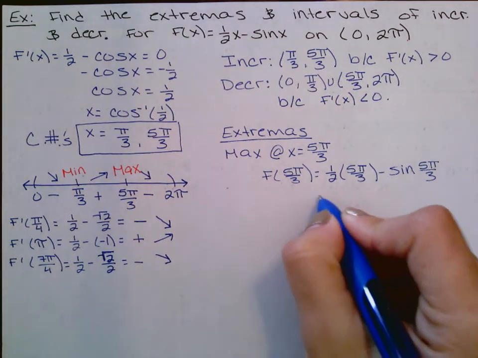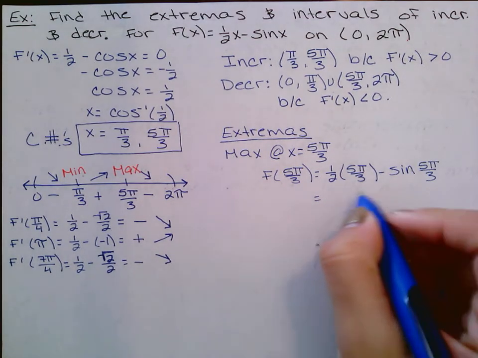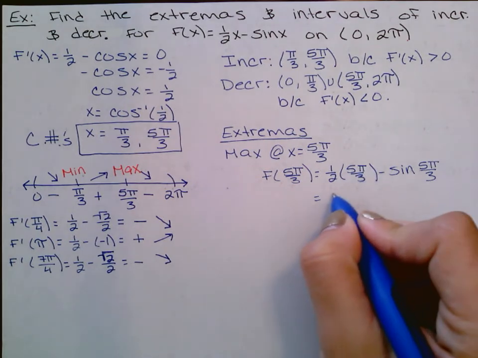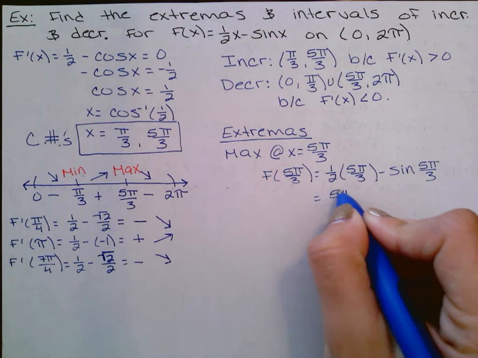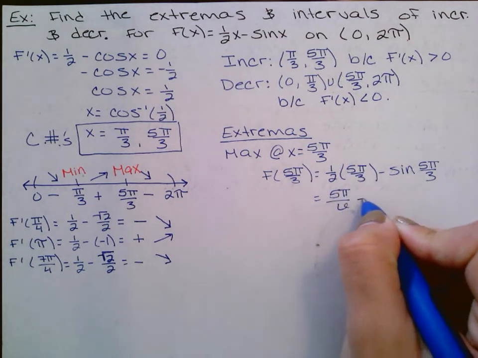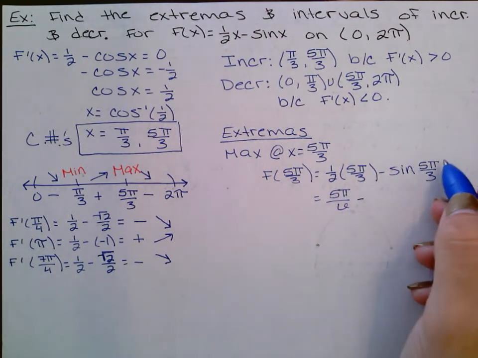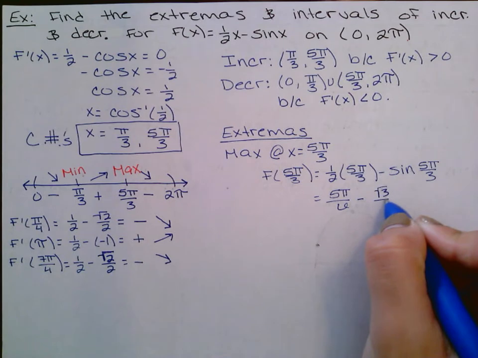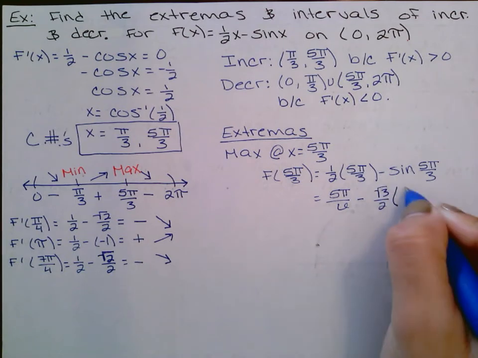We end up getting, this ends up being 5 pi over 6 minus, and this ends up being radical 3 over 2. If I want a common denominator, I multiply by 3 over 3.